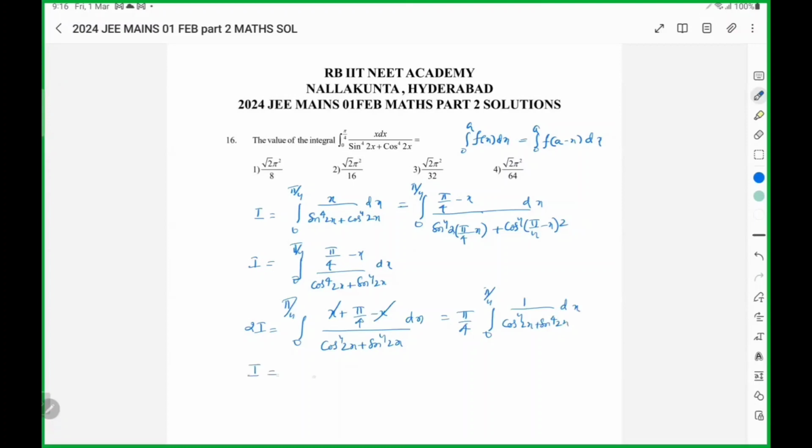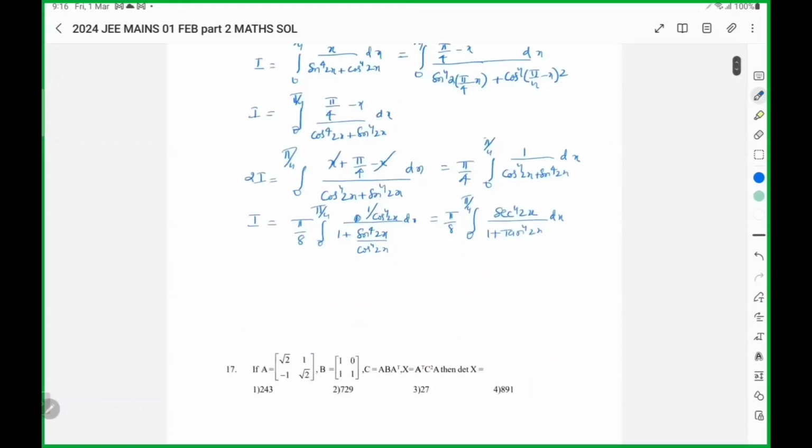I here is, from 0 to pi by 4, 1 plus sin power 4 2x. Here also it is pi by 8, secant power 4 2x by 1 plus tan power 4 2x dx.